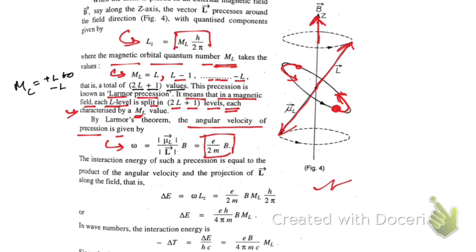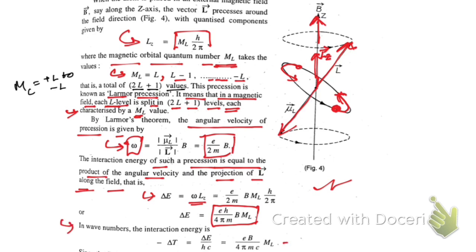The interaction energy of such precession is equal to the product of the angular velocity and the projection of L along the field, right? So the projection of L along the field, that means Lz, the z component of this L vector, and the angular velocity, that is omega. Their product gives the energy, okay? So this is the required expression, and in terms of wave number we can write it this way. Interaction energy is given by this.